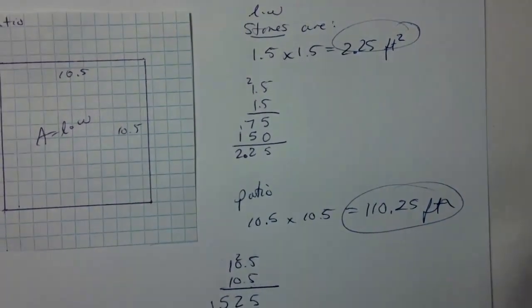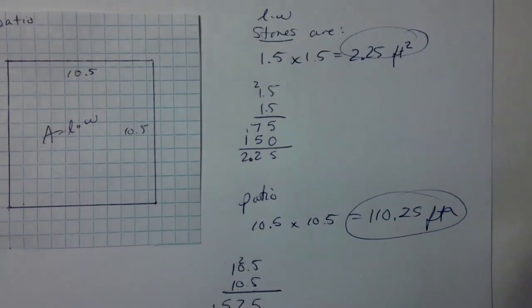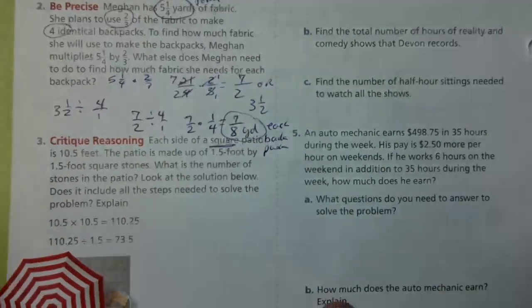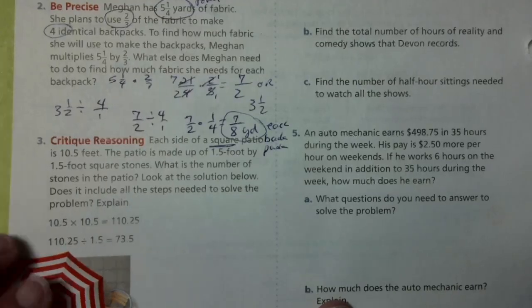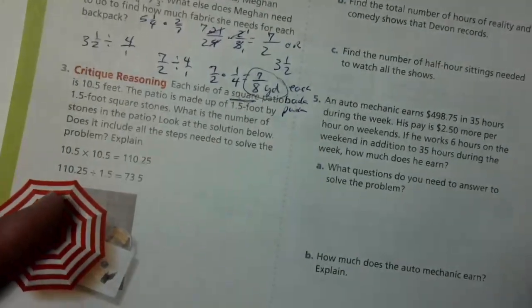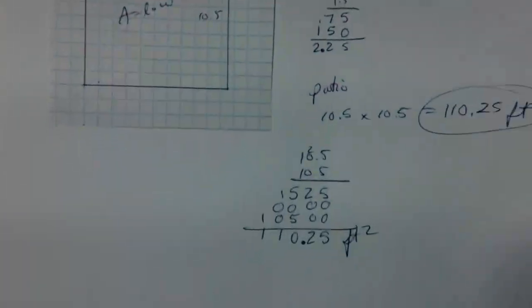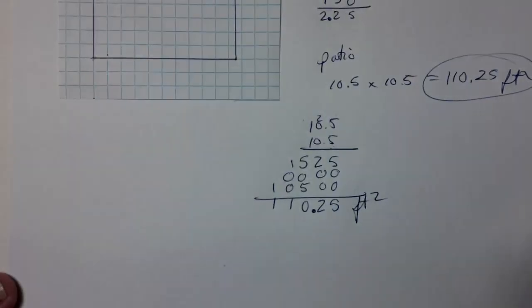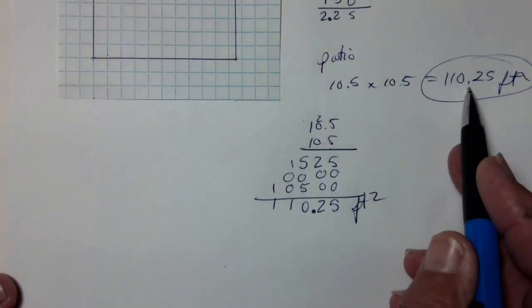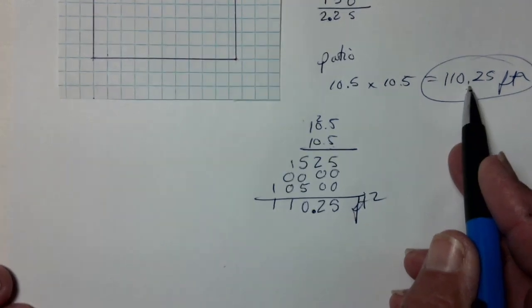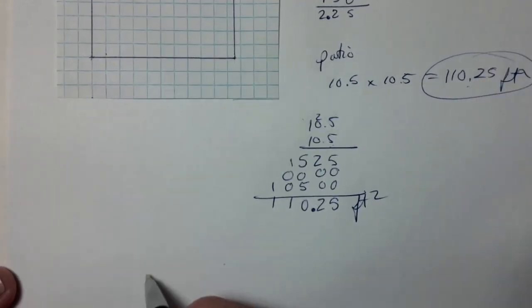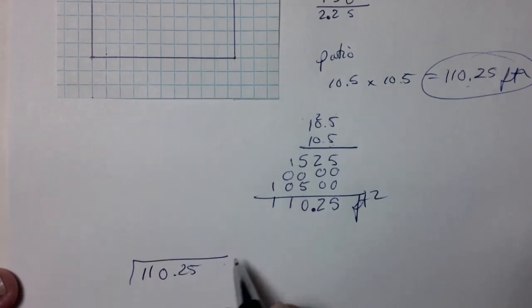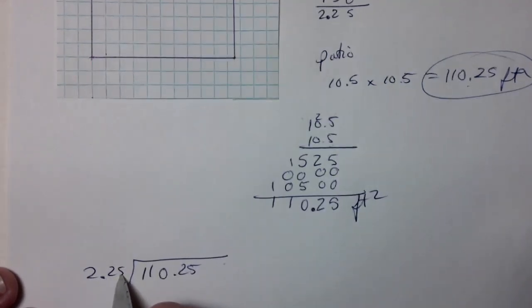Now, let's go back to the problem and see what questions they're asking. What's the number of stones in the patio? Well, that's easy. We take the total patio area and we divide it by each stone. So we're going to take 110.25 and divide that by 2.25.